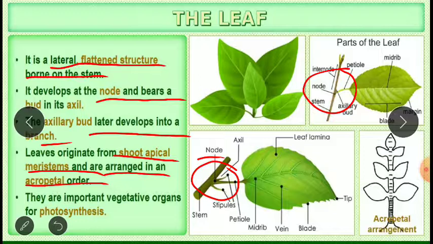Now only understand that the meristems are nothing but the continuously dividing cells from where the new plant parts can arise. So here the leaves are arising from the shoot apical meristem, means the meristems which are present on the shoot. And the leaves are arranged in an acropetal order.